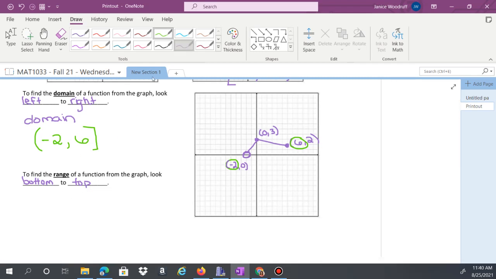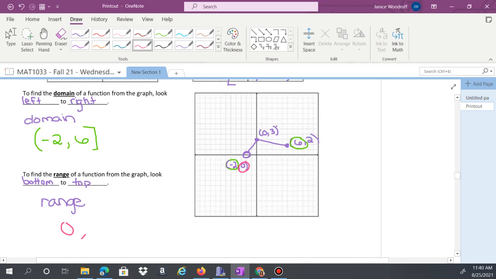Now let's do the range. So we're going to start on the bottom. We're going to work our way up. What's the first point we get? This -2, 0. We want the y value. It's 0. Okay, then we're going to go along the graph. We're interested in the highest point that this graph goes to. So what's the highest point here?